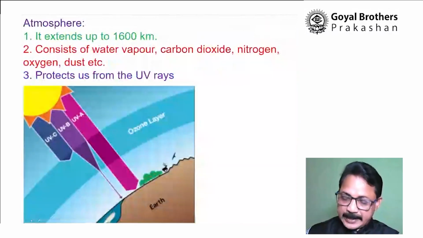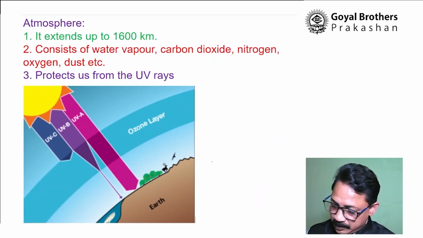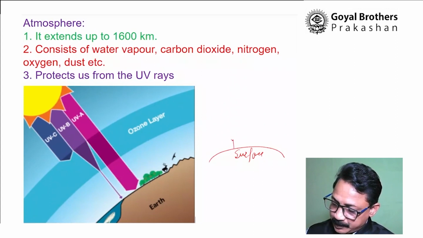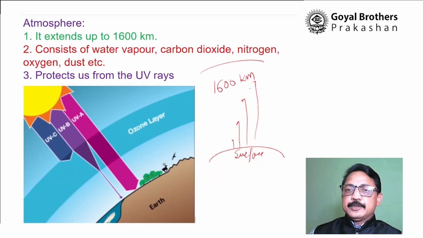Now let us look at the third sphere of our Earth called atmosphere. From the surface of Earth, dear student, if we start going up, atmosphere is found almost up to 1600 kilometers. It spreads to a very high extent.